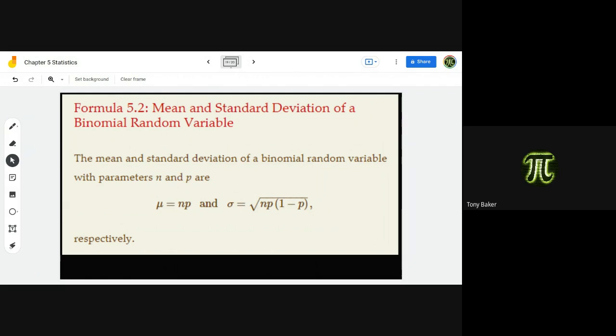All right, so your mean is just n times p. That's it. No addition, no nothing. Just n times p. Standard deviation is a little longer. It's got the square root in there, but it's n times p times 1 minus p. So it's n times the success times the failure, and then the square root of that.